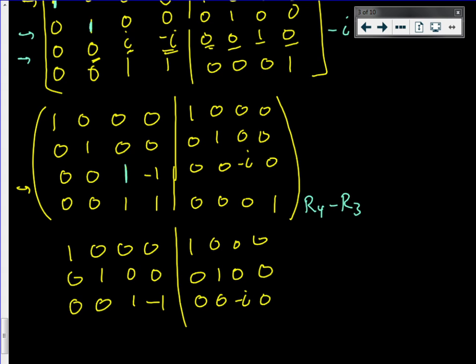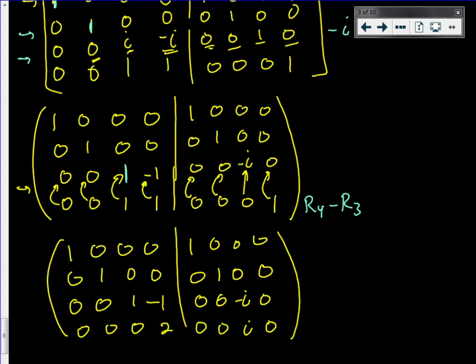The fourth row is 0 minus 0 is 0. 0 minus 0 is 0. 1 minus 1 is 0. 1 minus negative 1 is 2. 0 minus 0 is 0. 0 minus 0 is 0. 0 minus I is negative I. And 1 take away 0 is 1.